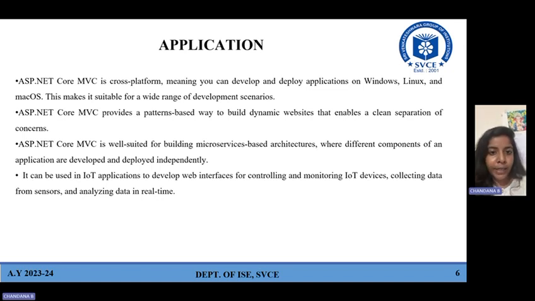ASP.NET Core MVC is also well suited for building microservices based architecture, where the different components of the application are developed and deployed independently. It can be used in IoT applications to develop the web interface for controlling and monitoring IoT devices, collecting data from sensors and analyzing the data in real time.